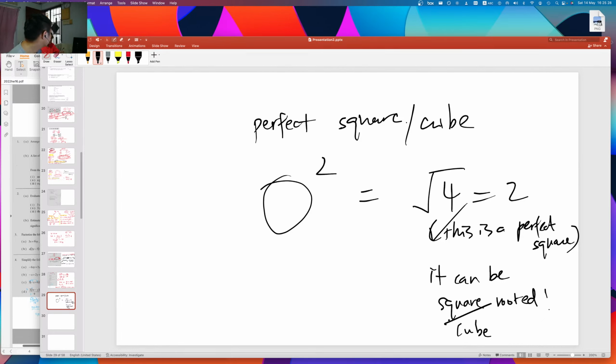Okay? Make sense, right? It is a perfect square if it can be square rooted. It is a perfect cube if it can be cube rooted. Easy to remember? Very easy to remember, right? I think so.